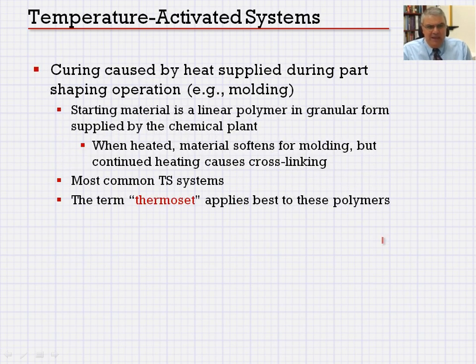The temperature activated system, as the name implies, is caused by heat during part of the shaping operation in the fabricating plant. An example is molding. The material starts as a linear polymer, and when heated, it gradually softens for molding, but continuous heating can cause the cross-linking that I have discussed previously.